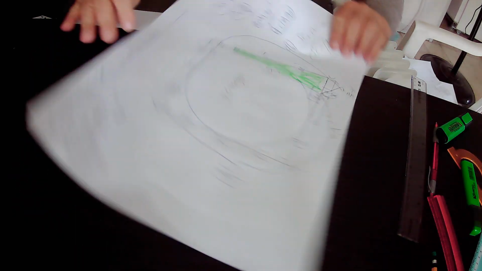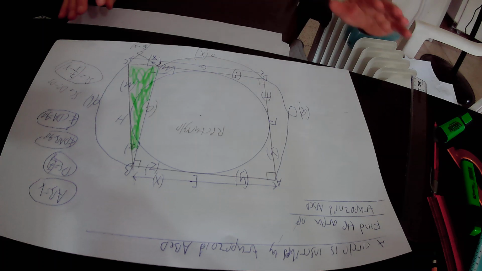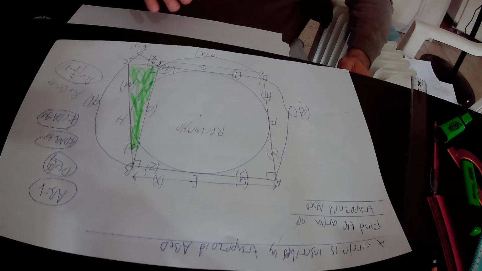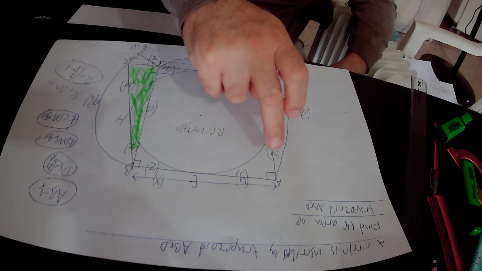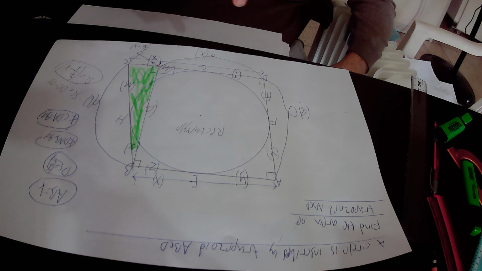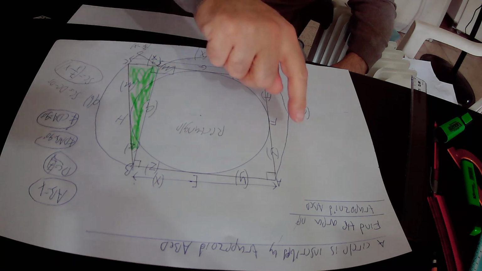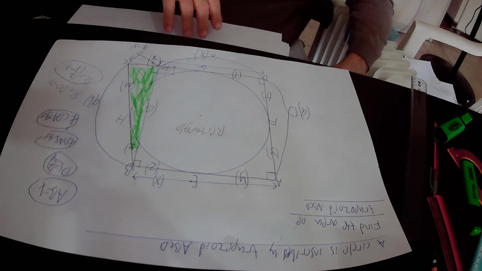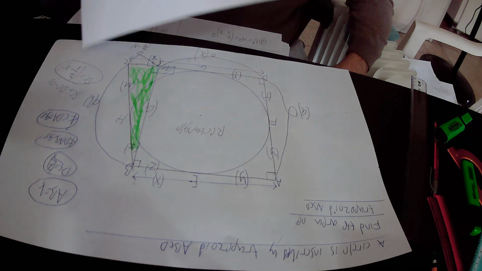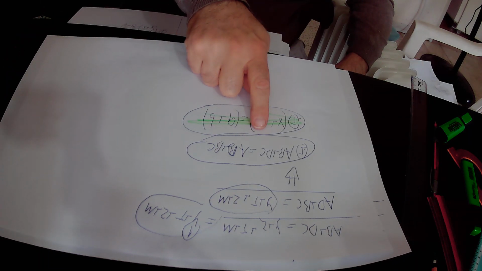So here we added side AB to the opposite side DC in this trapezoid ABCD. So it is AB plus DC. What is the value of AB plus DC?